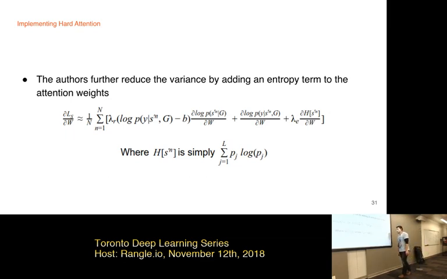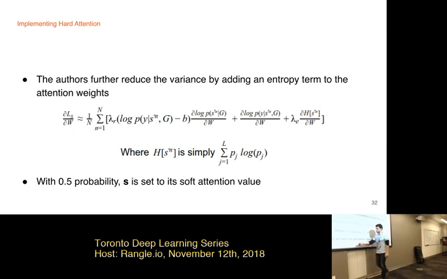But again, with 0.5 probability during training, S, the sampled grid location, is set to its soft attention value. So as you can see, this thing is very, very difficult to train. It probably has had a very high variance, and they probably had to implement a lot of these tricks, so to speak, in order to make this thing converge.